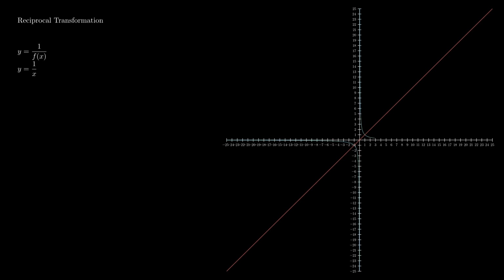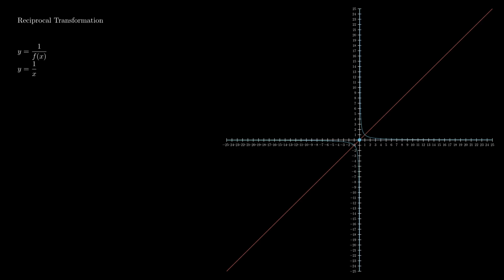Okay, now let's talk about the reciprocal functions and the relation between the original function and its reciprocal transformation. So what happens when we have y equals 1 divided by f of x? For example, let's start with the basic reciprocal function that we talked about in the previous video. When y equals x, we have a straight line.